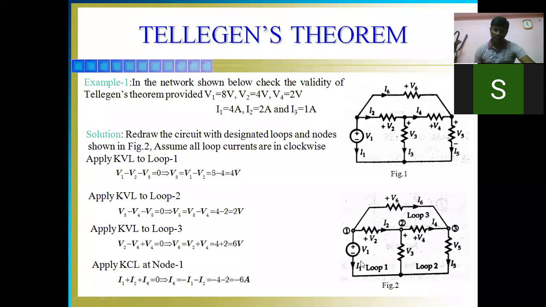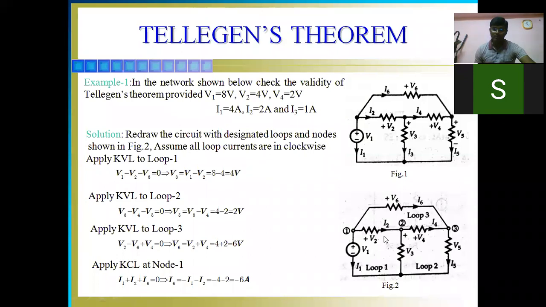If you take current in loop 1, for V1 it is leaving from positive. For V2 and V3, it is entering with positive.